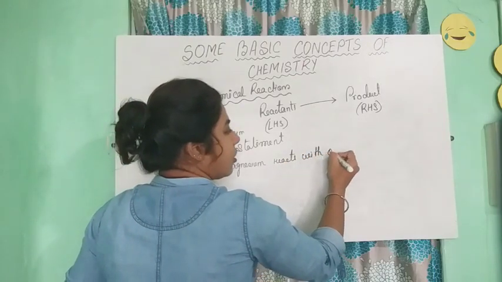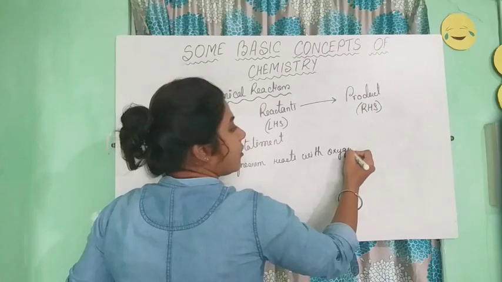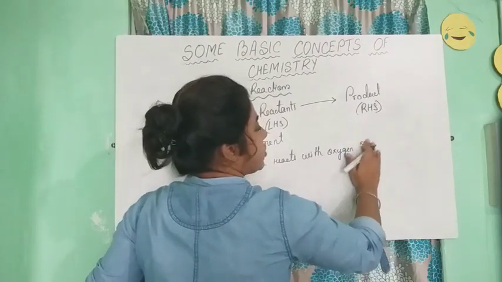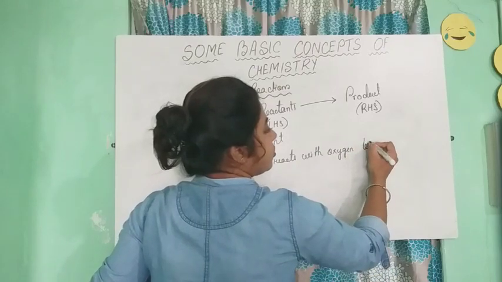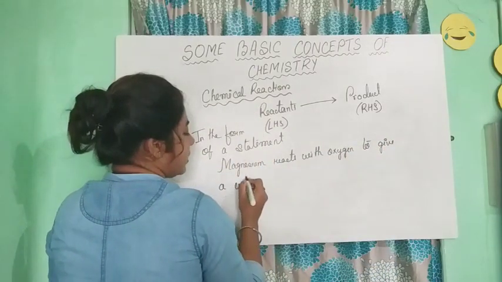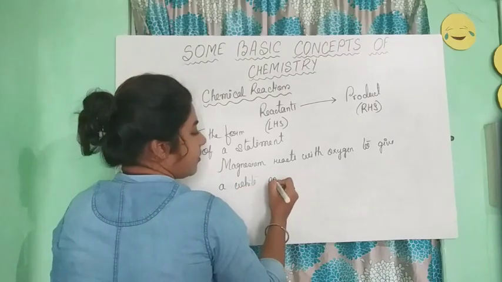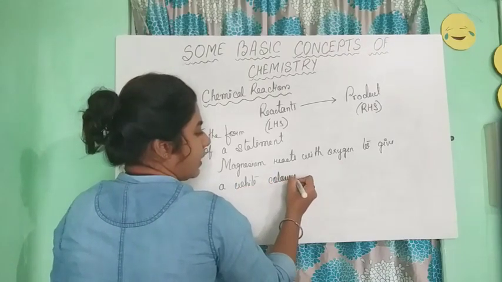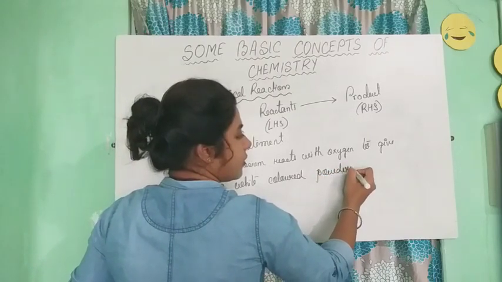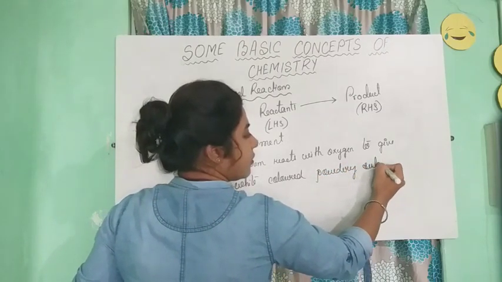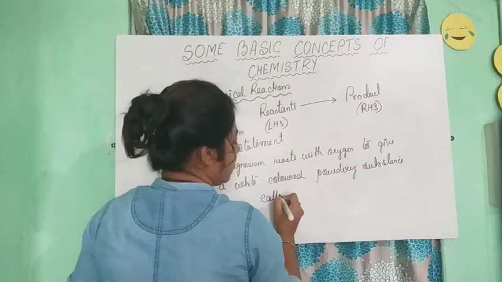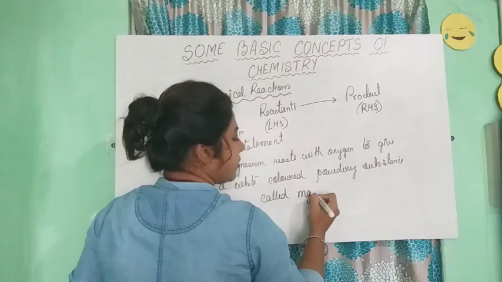Magnesium reacts with oxygen in presence of, magnesium reacts with oxygen to give a white colored powdered substance, white colored powdery substance, called magnesium oxide.